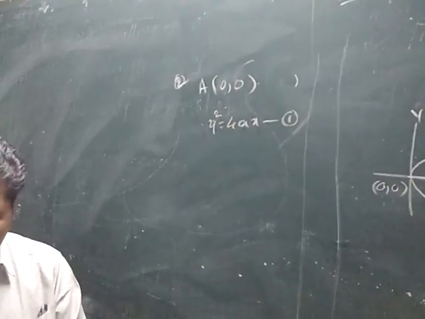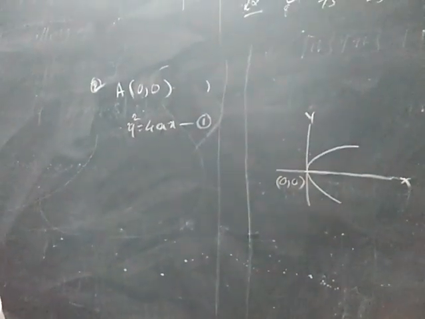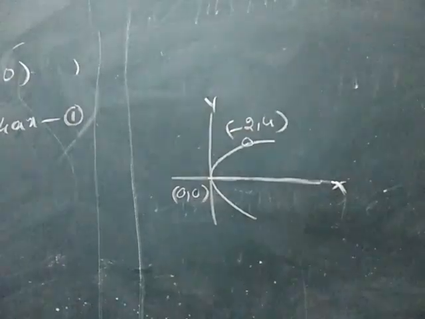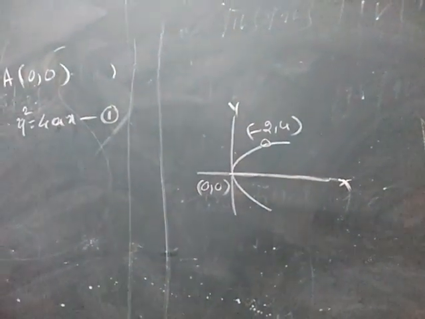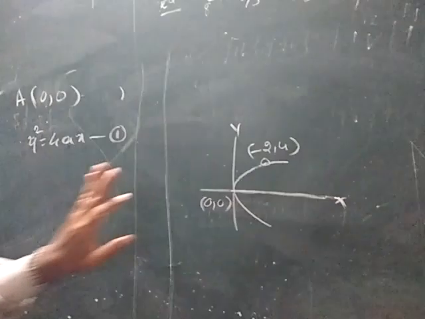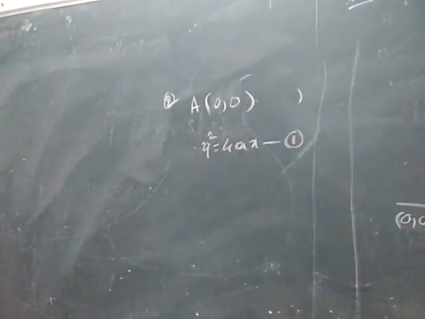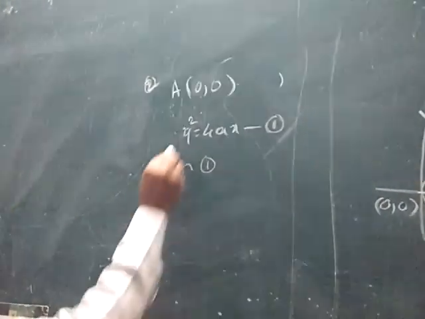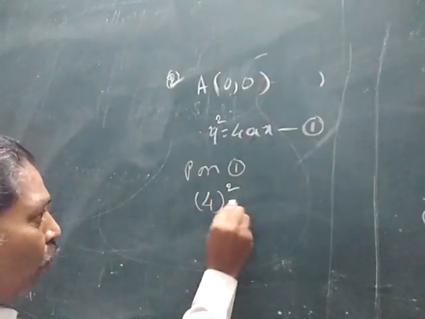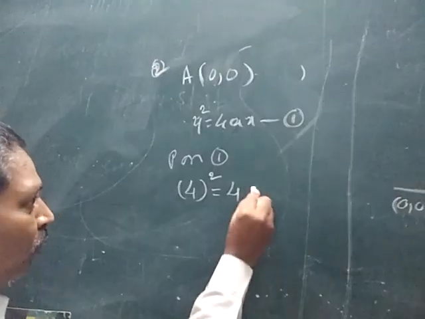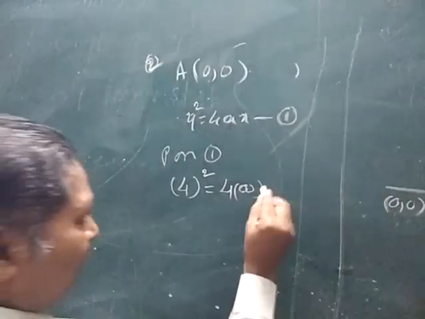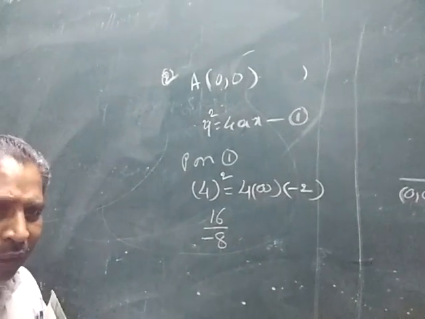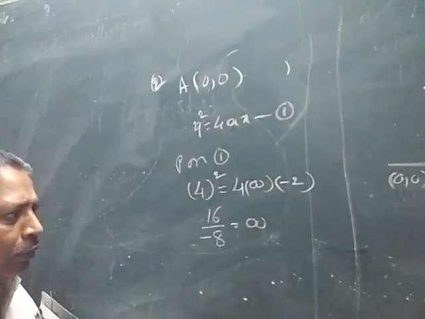Given that the parabola passes through the point (-2, 4), let it be P. Substitute this point in the parabola equation: y² = 4ax, so 16 = 4a(-2), giving 16 by -8 equal to a.